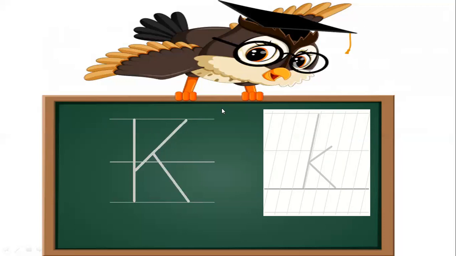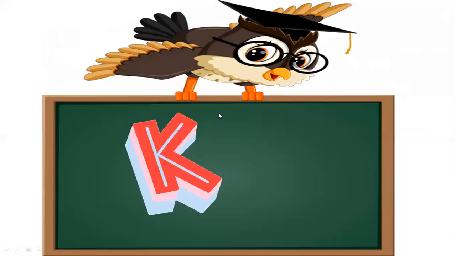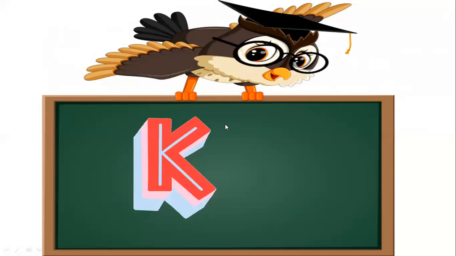Understood? Now, look here. This is your perfect K letter. Watch it carefully. It looks great, and keep it in your mind. Recognize it and also read with me. It is a letter K.